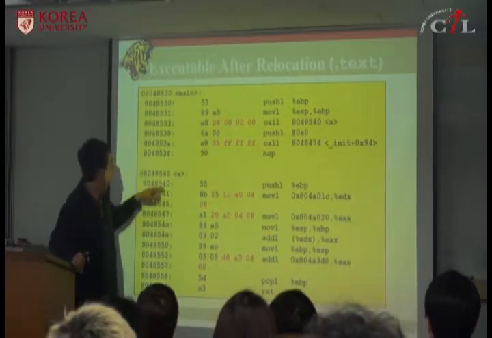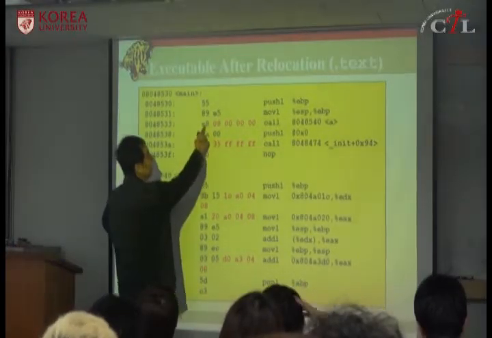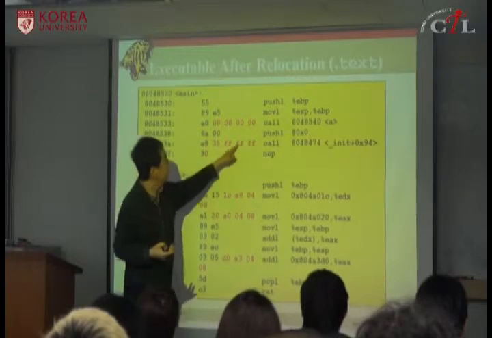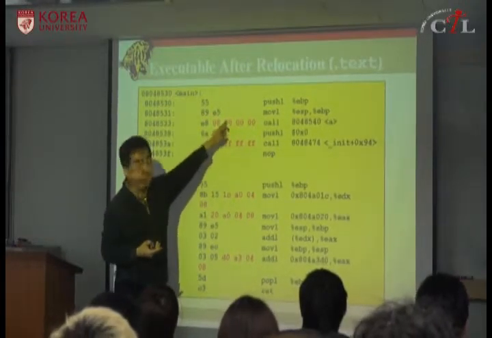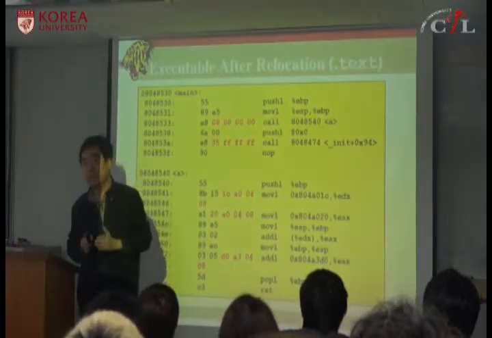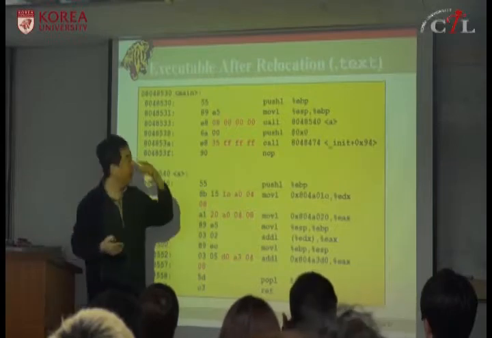The address of function A starts at this address. And from this instruction, this is 8 bytes forward. Okay, 1, 2, 3, 4, 5, 6, 7, 8. So you put 8 because it's based on the address of the current instruction. You jump 8 or jump back. That can be minus.